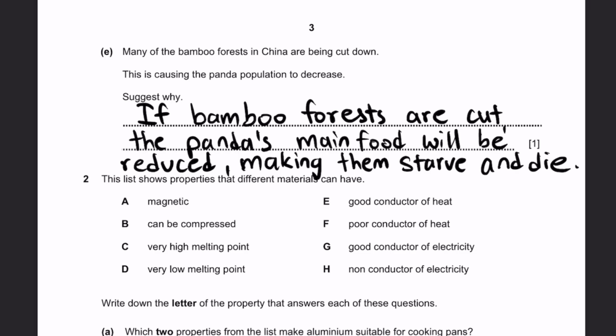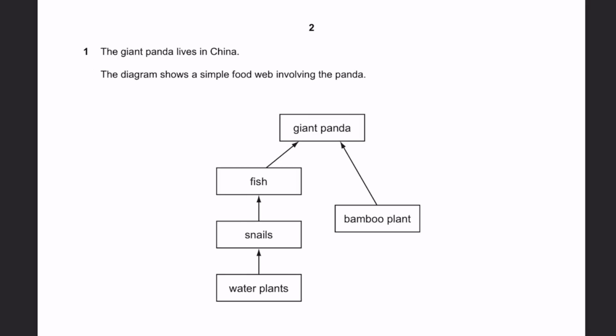Part E. Many of the bamboo forests in China are being cut down. This is causing the panda population to decrease. So just why? We can see in the food web that giant pandas eat fish and bamboo plants. If bamboo plants are gone, or at least half gone, so only half of the total population before remains, that means there'll be less of the primary food which giant panda eats.